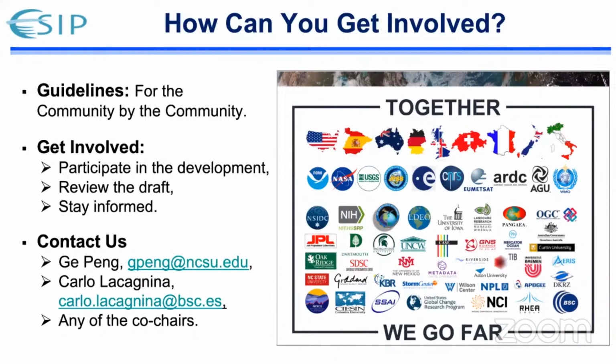And you can contact any one of the co-leads of this effort: me, at the GPAIN at ncsu.edu, and Carlos, who is from the EU side, and we have Arvina from the Australia side. So any of the co-chairs will be able to get you involved in different ways.